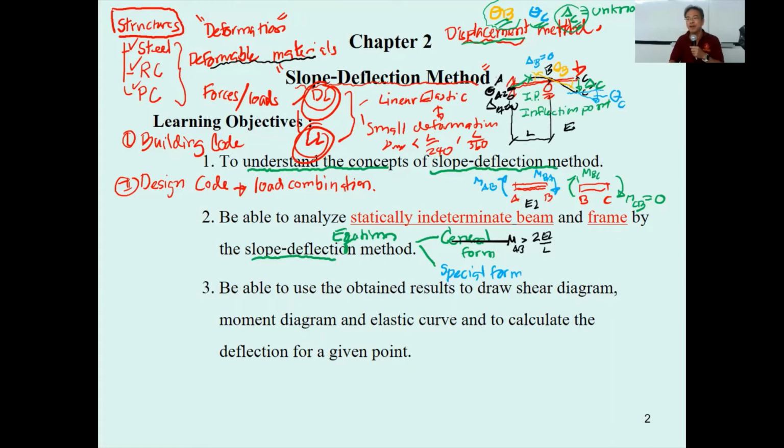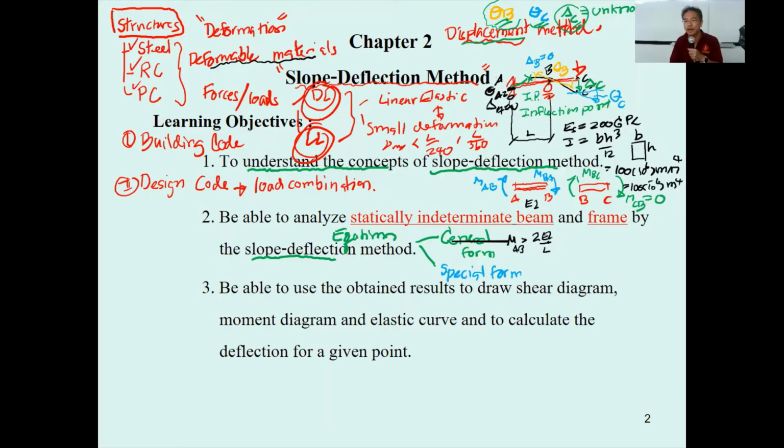For the E of steel, it is going to be 200 gigapascals. For the I, it depends on the section; it may be bh cubed over 12 if you have a section with b and h. It may be in a unit of, for example, 1 times 10 to the power 6 millimeter to the power 4, or we may call it 1 times 10 to the power minus 6 meter to the power 4.